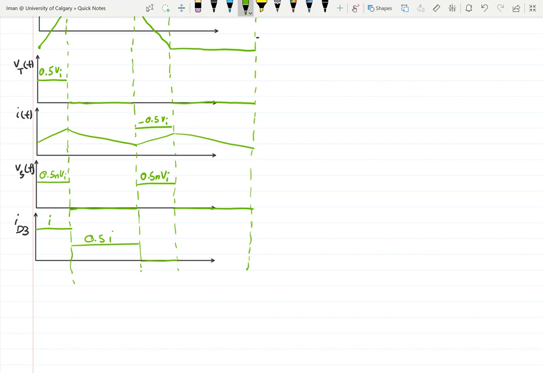And then in the other part, ID3 would be 0, and ID4 would be equal to the current I going through the output inductor or the buck inductor. And then 0.5 again. Very similar to the full bridge converter that we had before.